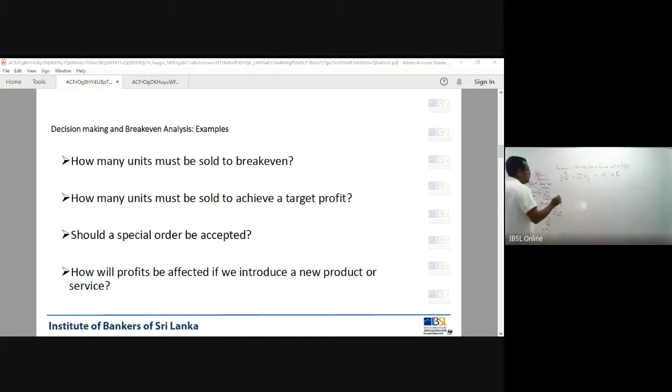Right? So you bring this one to this side. Price into quantity minus variable cost per item into quantity equals fixed cost plus profit.